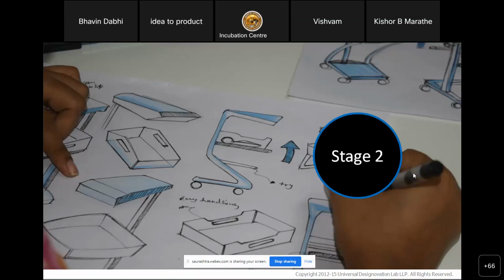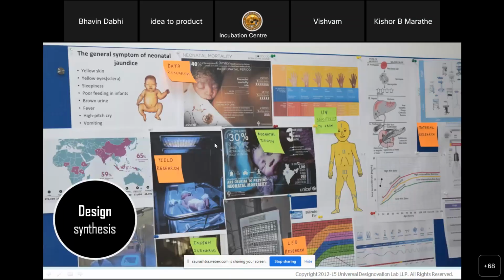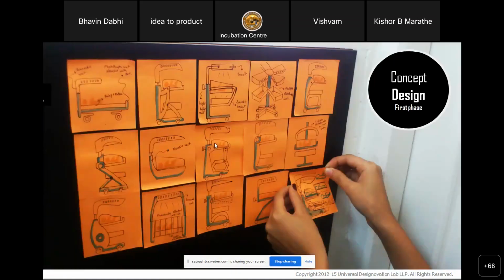Then the second stage is ideation. Once we get that completed, we need to go to ideation. In this stage, always ask a question when we try to go to ideation: what is your idea innovation? Ideation is not merely sketching or shape analysis, but we need to have impact in the form of shape, size, the design, the methodology. So use your research, use your data, every data available that you have taken.